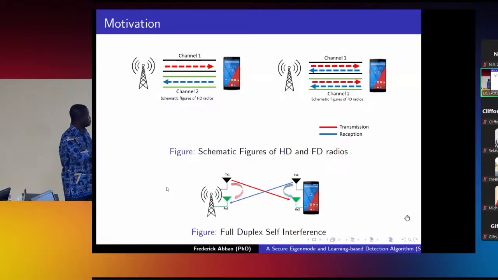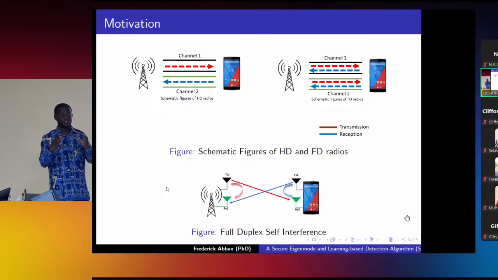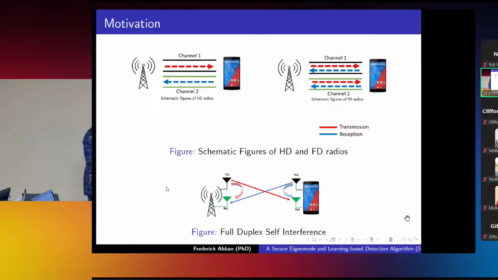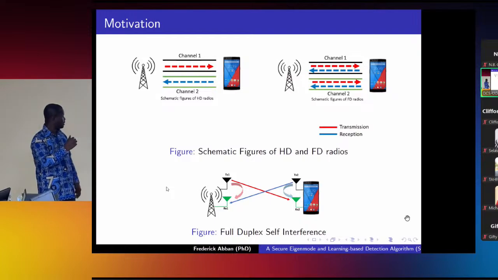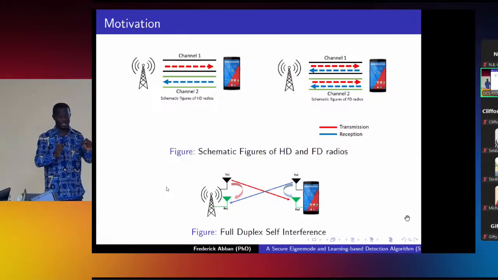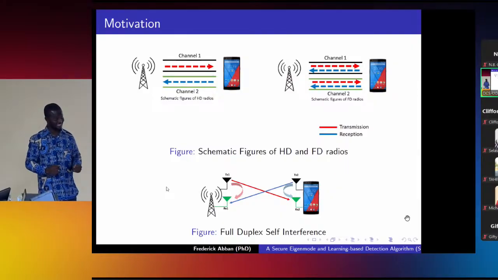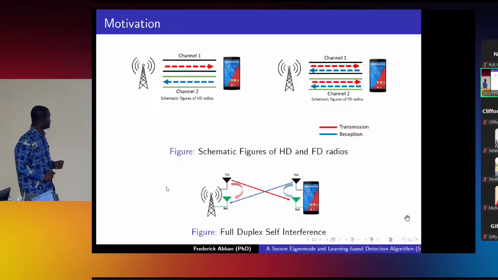Now, when the mobile station transmits to the base station, because the power of the mobile station is not high enough compared to that of the base station, the self-interference at the base station distorts the signal coming from the mobile station. For that reason, communication does not go on very well. So we are looking for ways of canceling the self-interference, and that is the key work we are working on. But apart from that, there are other challenges also in full duplex communication.